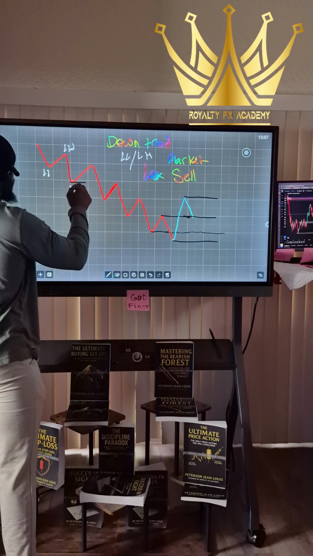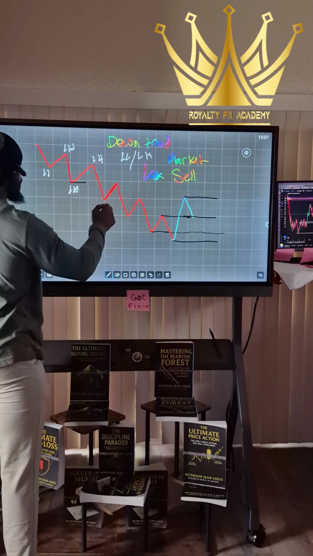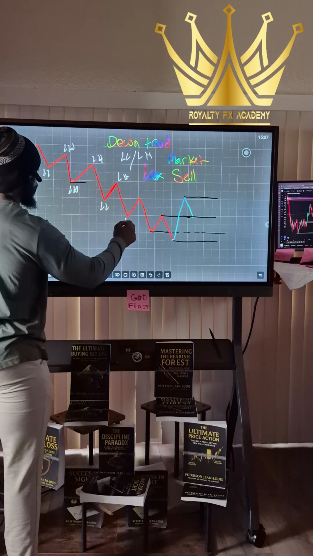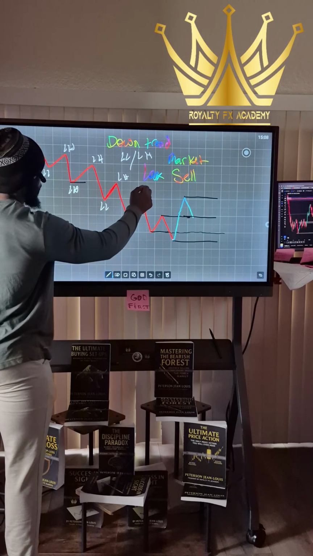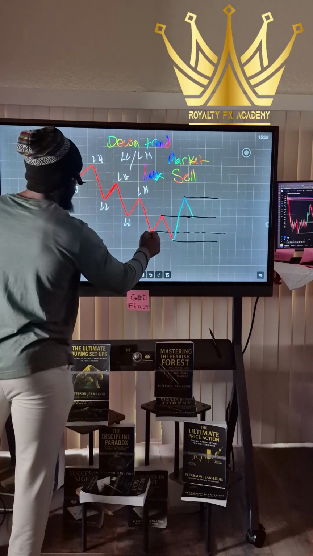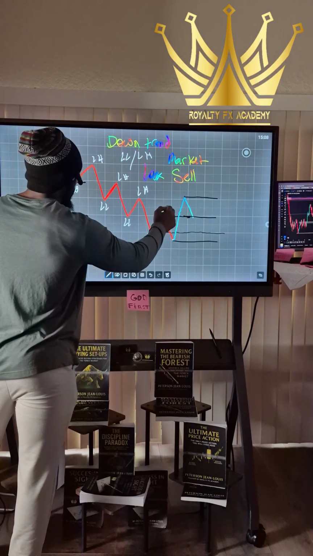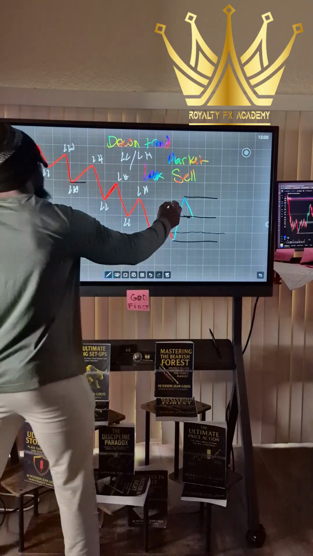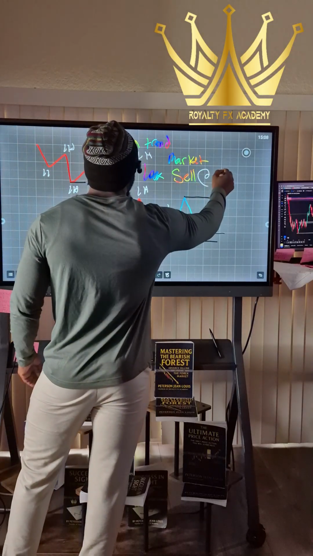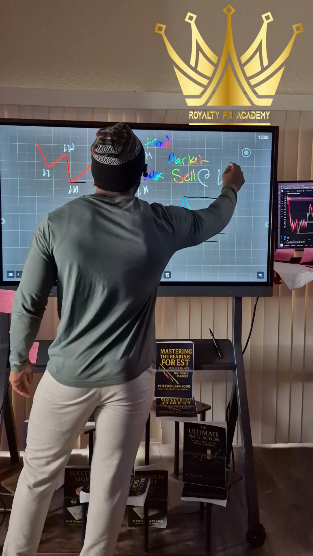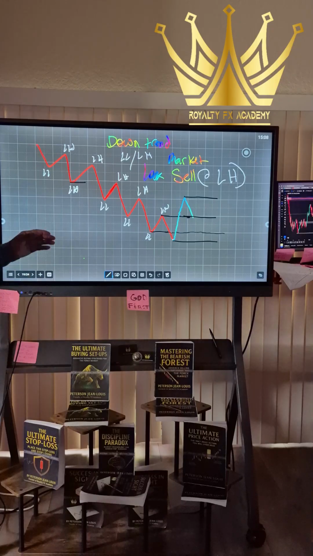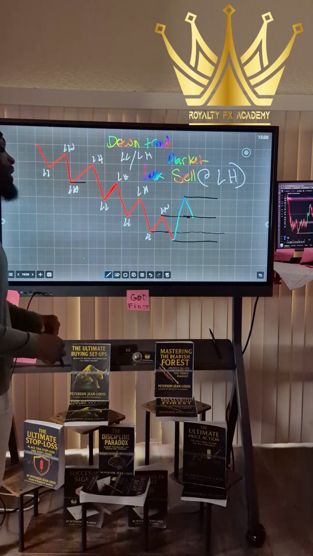Lower lows and lower highs, and so on. So you look for sales at the lower high. In a selling market, you look for your sales at your lower high.